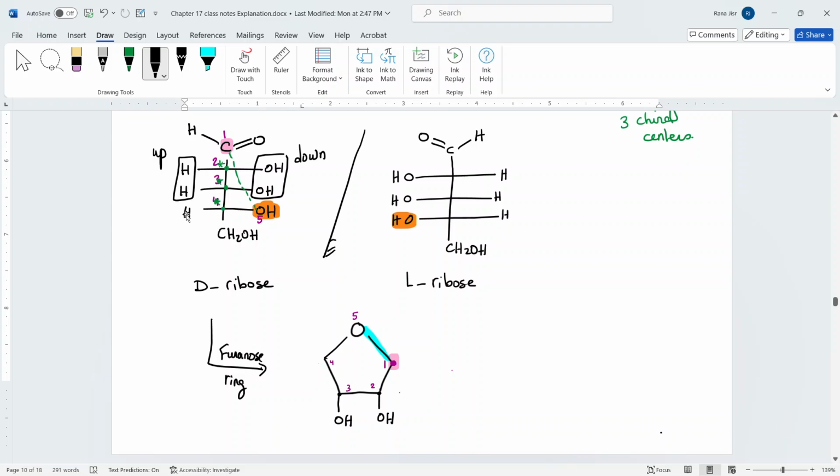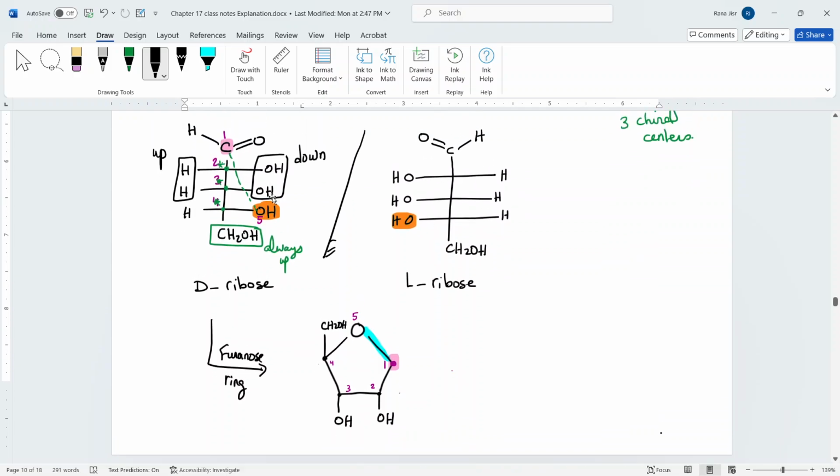We do have a hydrogen in the CH2OH. Remember what we said about the CH2OH, that this one is always up. Now, where does it belong? It belongs to carbon number 4. So we're going to go ahead and put it up there, which is the CH2OH in here. Okay, so that means that this hydrogen is going to be down.